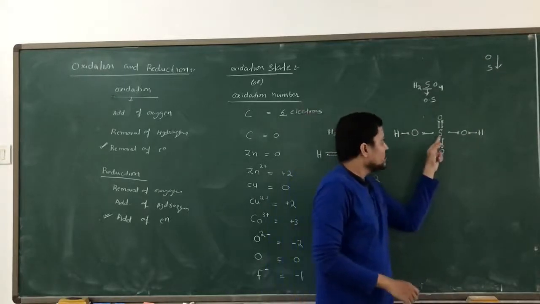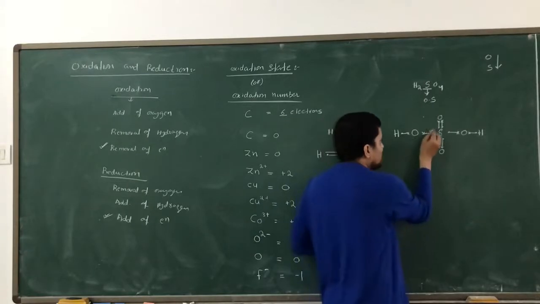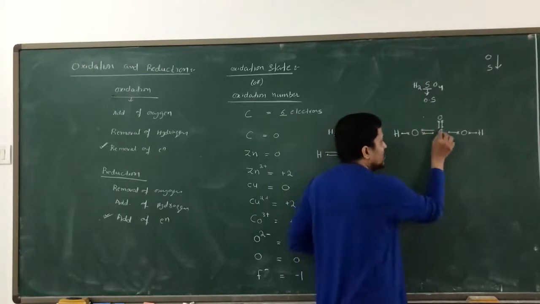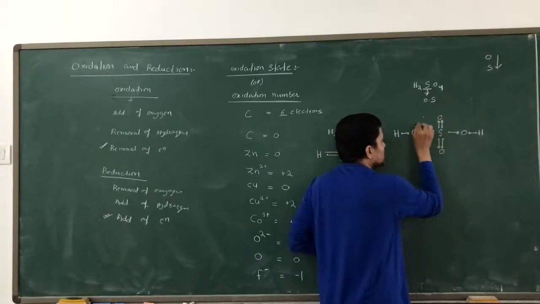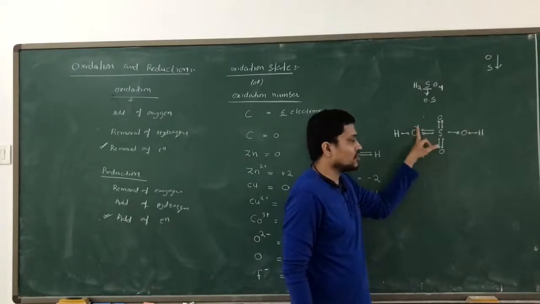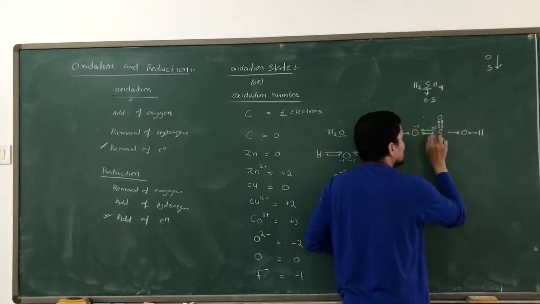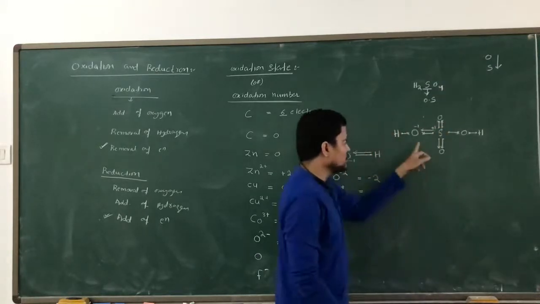That means sulfur has less electronegativity than oxygen, so the electron will move towards oxygen. So this 1 electron from sulfur is given to oxygen. So we got minus 1 for the oxygen, and after losing 1 electron, sulfur becomes plus 1.